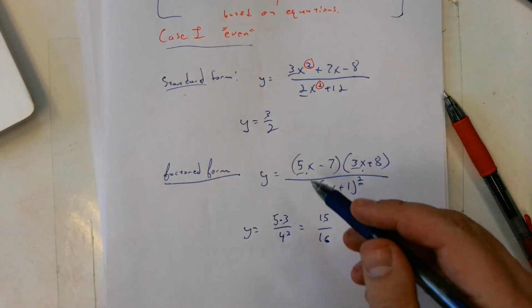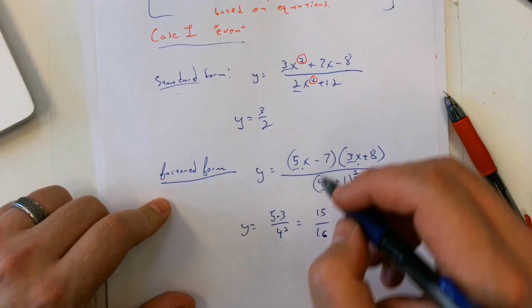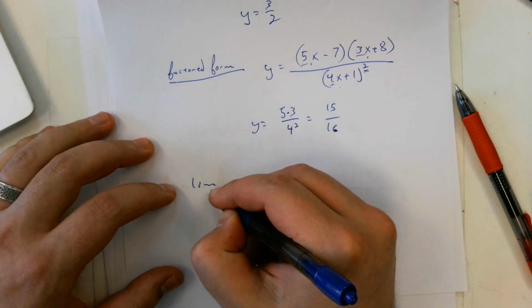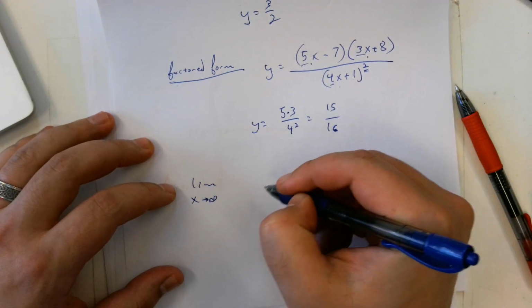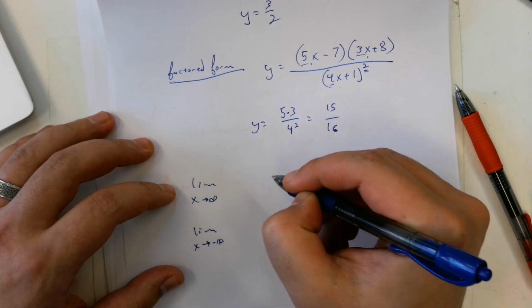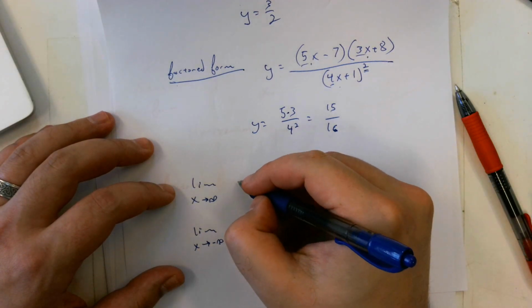If I wanted limit statements, let's go back here. Limit as x approaches infinity, and limit as x approaches negative infinity.